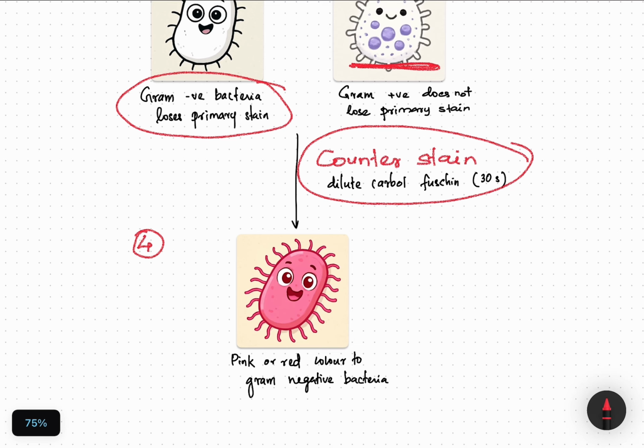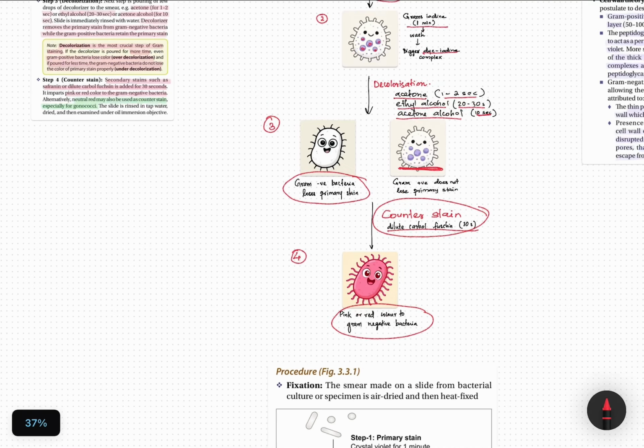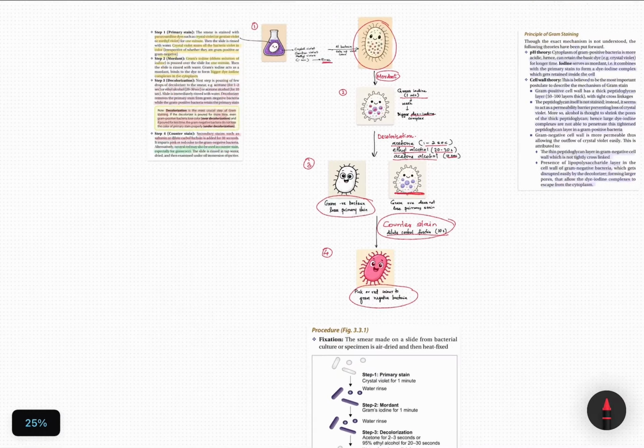The one that is not having color right now. So the gram negative bacteria will take up the color of dilute carbol fuchsin and it will turn pink or red in color, okay. Dilute carbol fuchsin, you have to keep it for 30 seconds. Is that okay? This is the simplest way to study the gram technique.